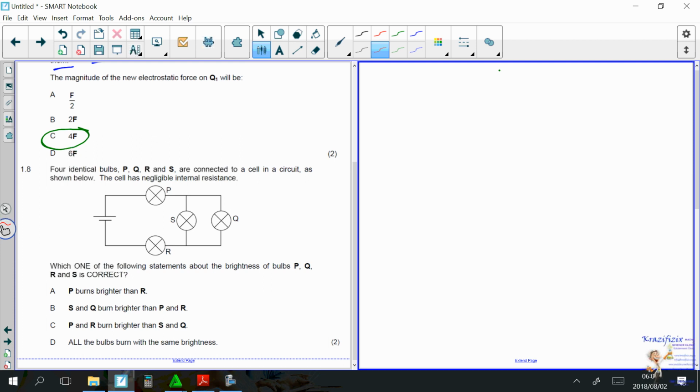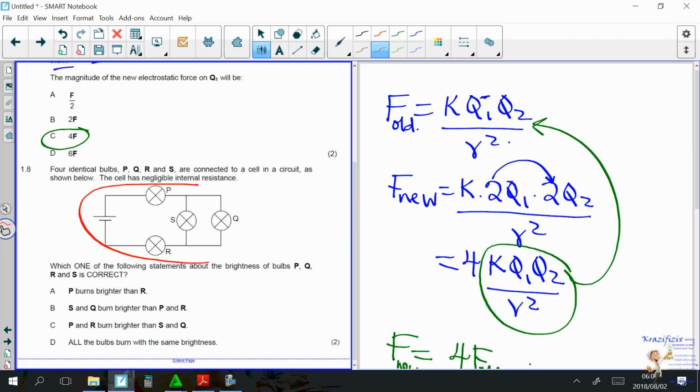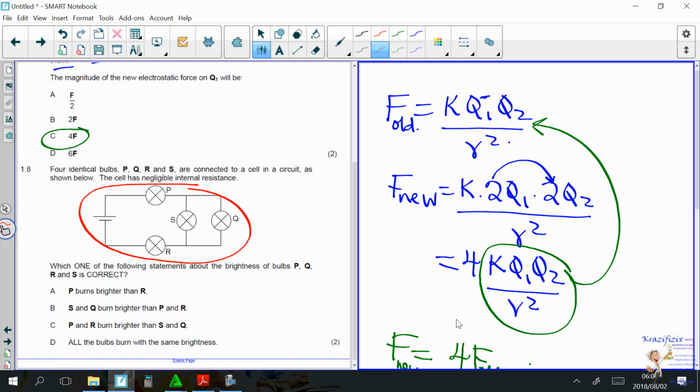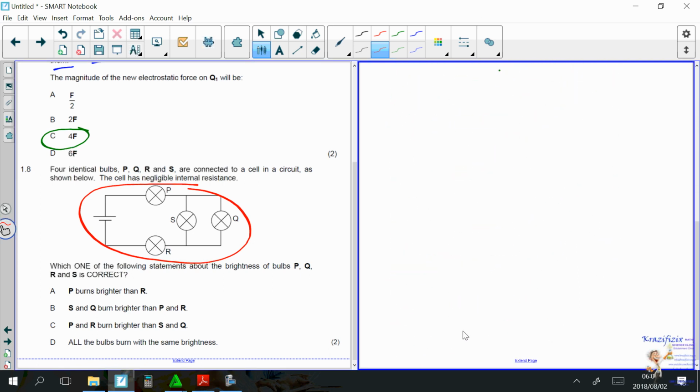4 identical bulbs, P, Q, R, and S, are connected to a cell in a circuit as shown below. The cell has negligible internal resistance. All right, so we have these 4 bulbs. What do we know quickly? One thing we need to understand is that there's an acronym I use.